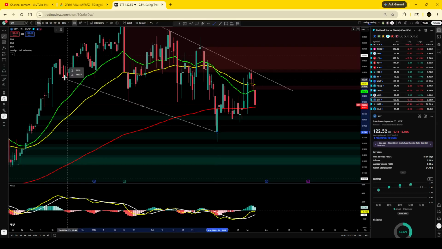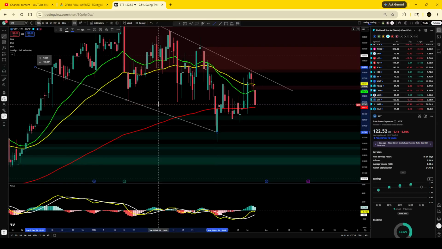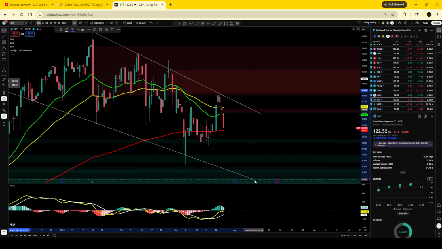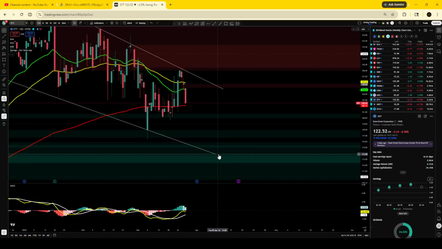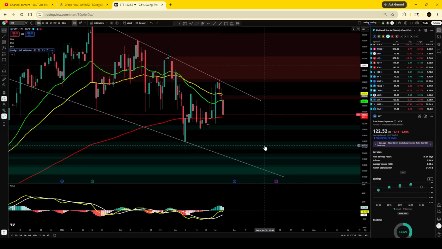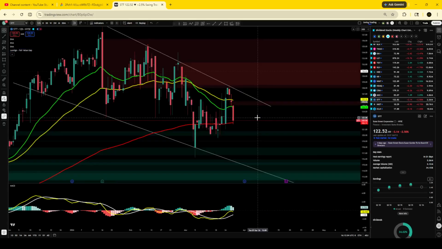All right, but it still works. So basically, price can still come all the way down here and still be respected in this chart pattern.